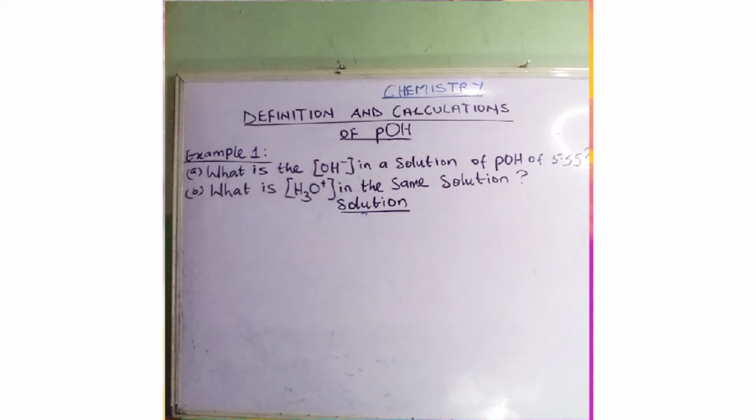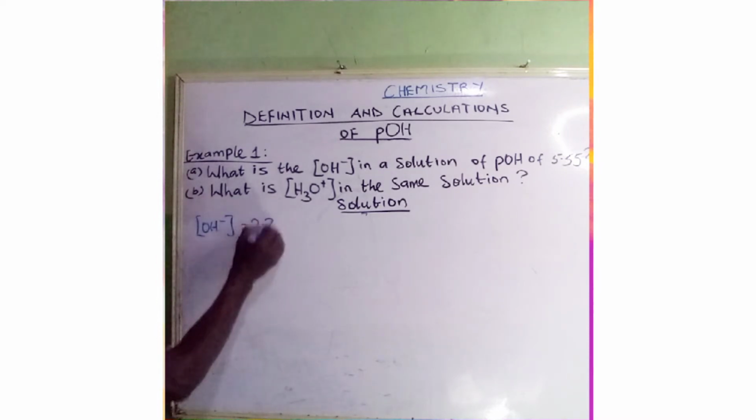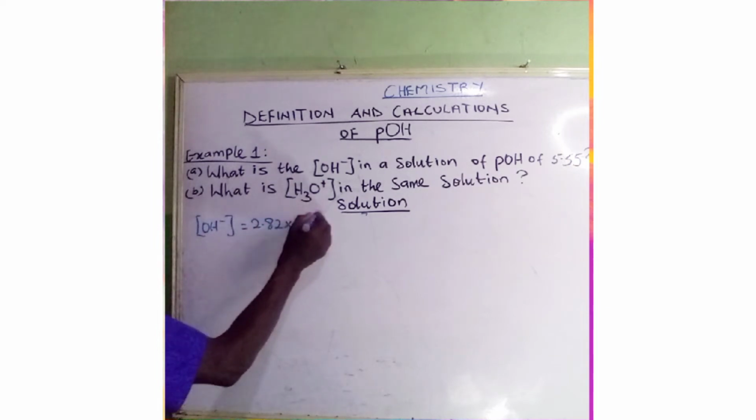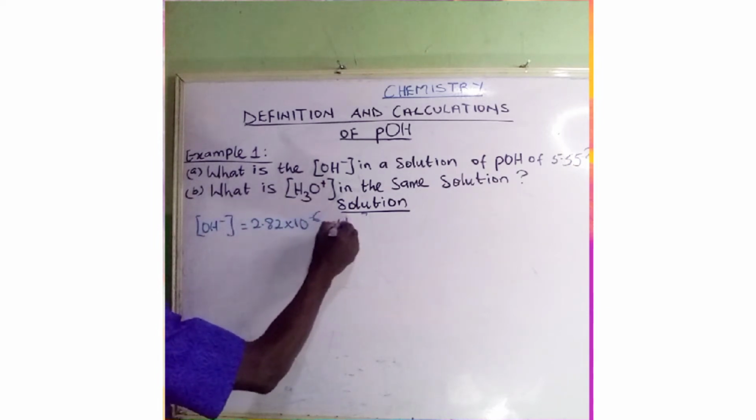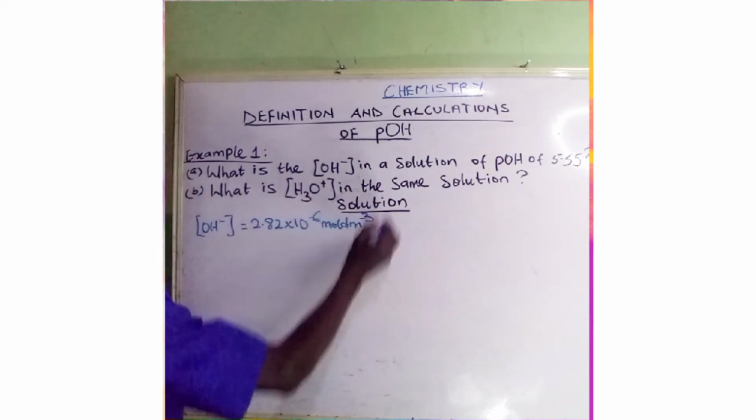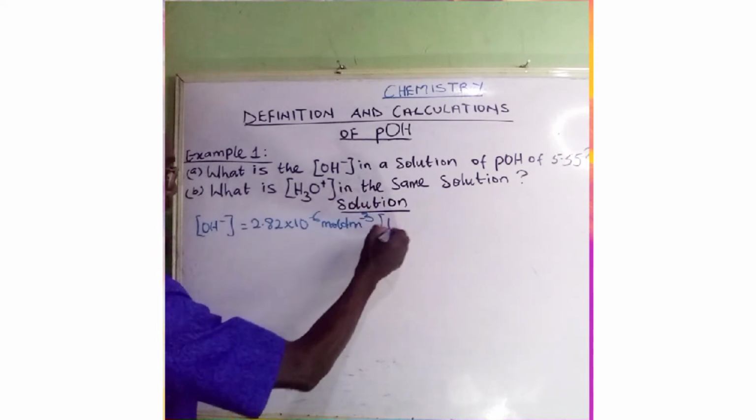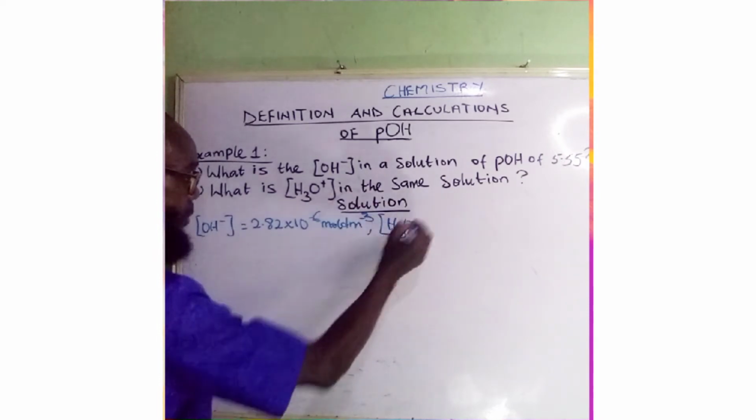For question B, if you could recall, we got our concentration of hydroxyl ion to be equal to 2.82 times 10 raised to the power minus 6 mole per dm cube, and we want to find the concentration of hydroxonium ion.